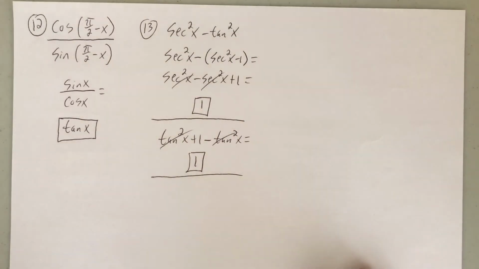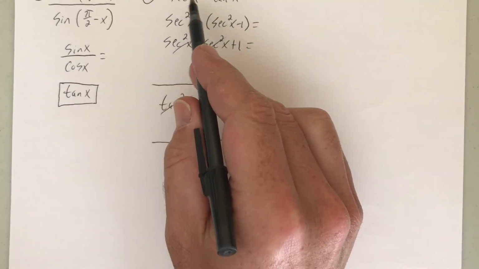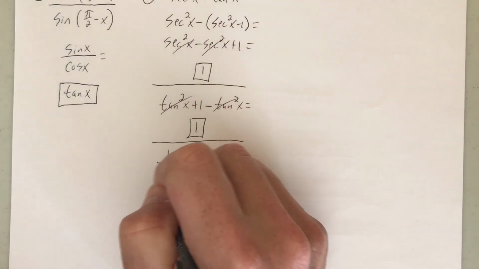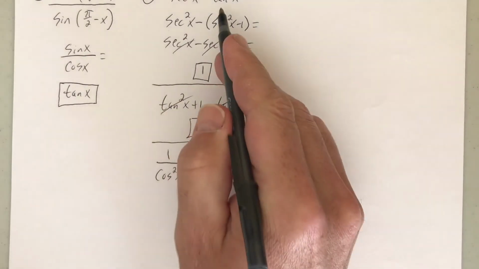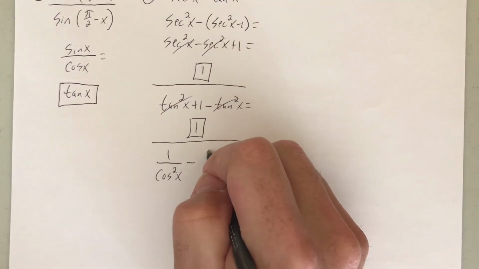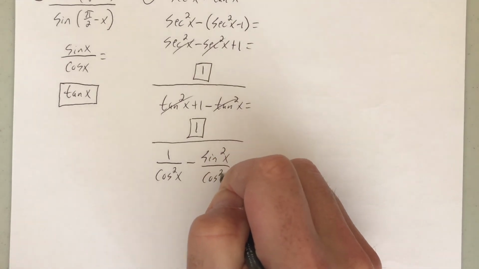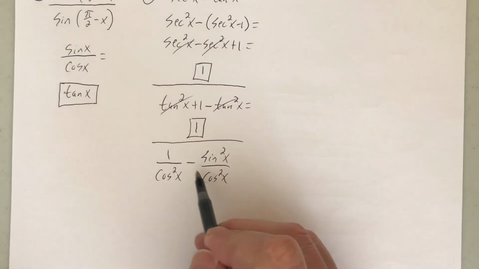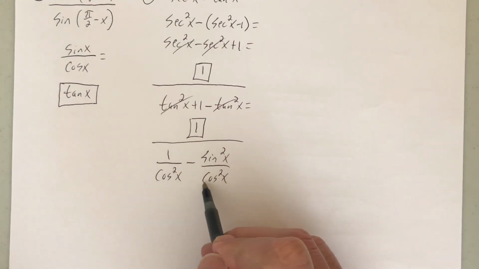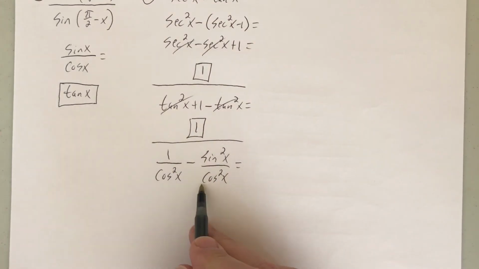So now if I go ahead and replace everything with sines and cosines, secant squared x is equal to 1 over cosine squared x, minus tan squared x, which is equal to sine squared x over cosine squared x. So now looking at this right here, I'm subtracting fractions. I already have a common denominator, so I can go ahead and just write this over the common denominator.